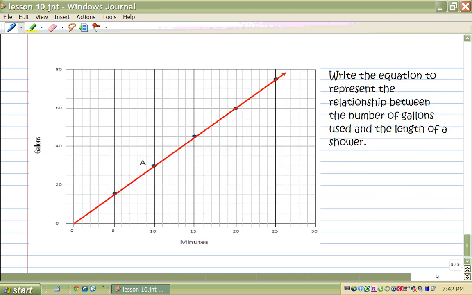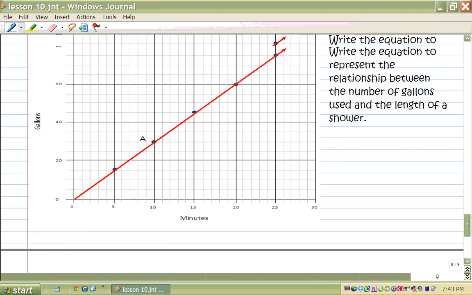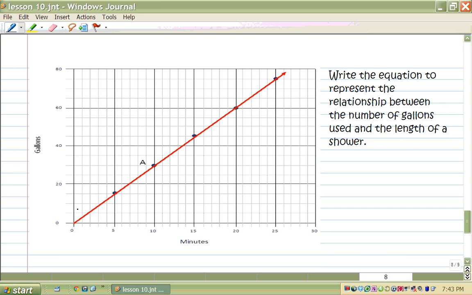All right, last thing. I want you to write an equation to represent the relationship between the number of gallons used and the length of the shower. Okay, number of gallons used and the length of the shower. Well, if we're going to write the equation, we have to think about our dependent, our independent. We have to think about our constant.